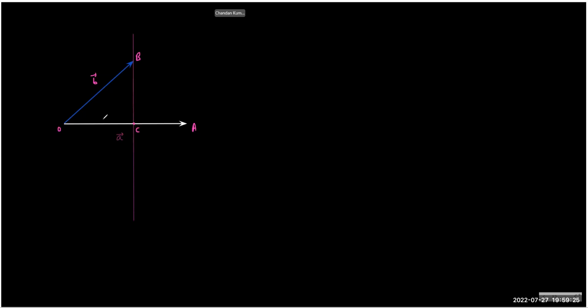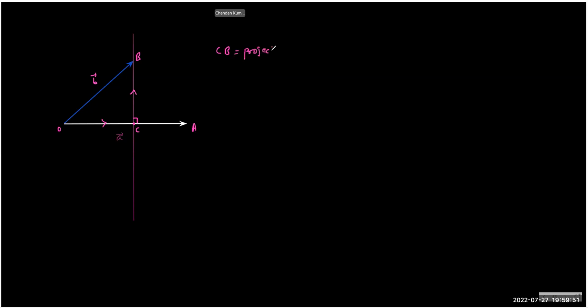so OC is called the projection of B onto A. At the same time, if you draw a perpendicular like this, the CB is called the projection of B perpendicular to A vector. That's very interesting. So what is CB here?